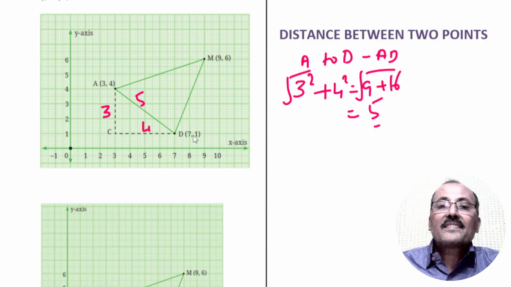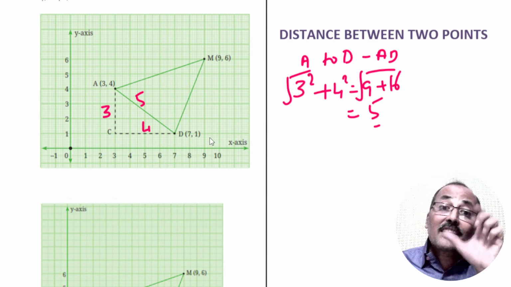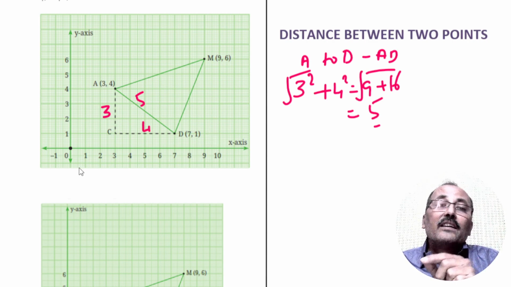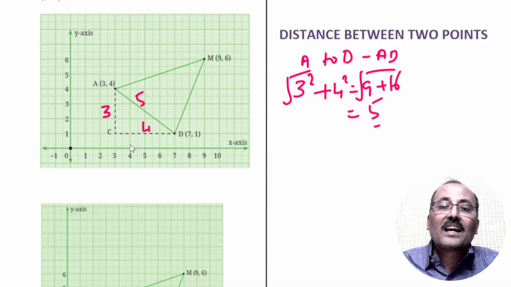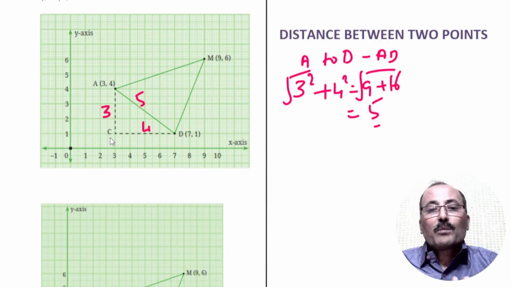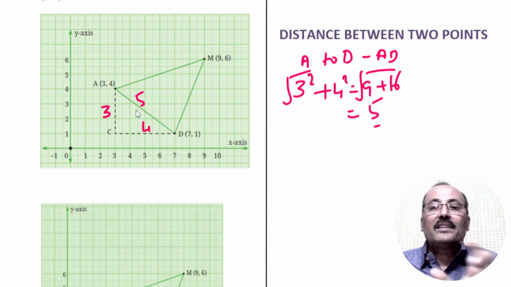I didn't take this 7, 1 in this formula. Why? 7, 1 is the coordinate. From here to here it is 7, but we don't want that. For this triangle, from C to D it is only 4 units, and from C to A it is only 3 units, but the A coordinate is 4 units. Be careful in this one.